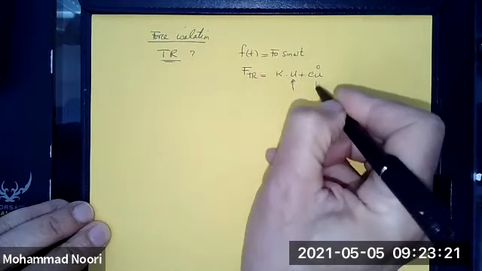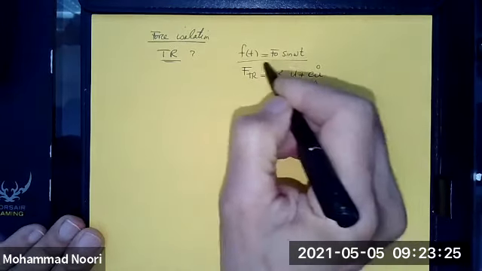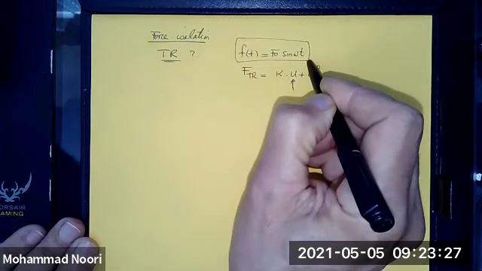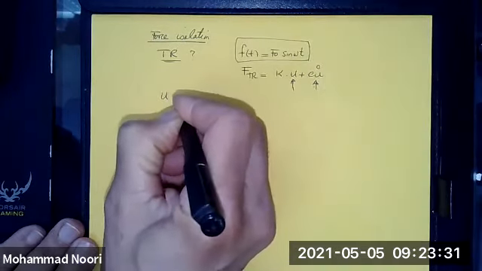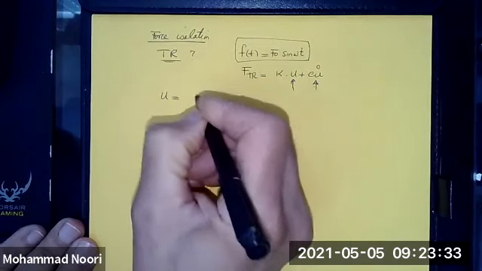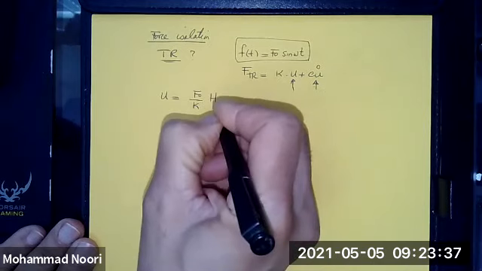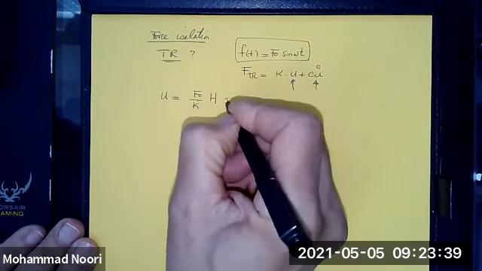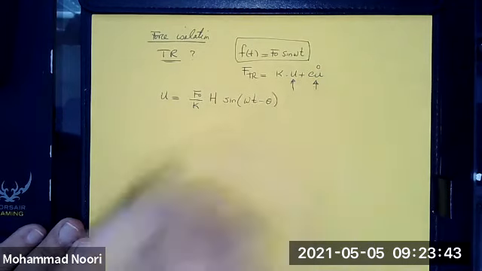But what is U and what is U dot? U is a displacement and velocity caused due to this motion. We remember that U is F naught over K times H times sine of omega t minus theta.